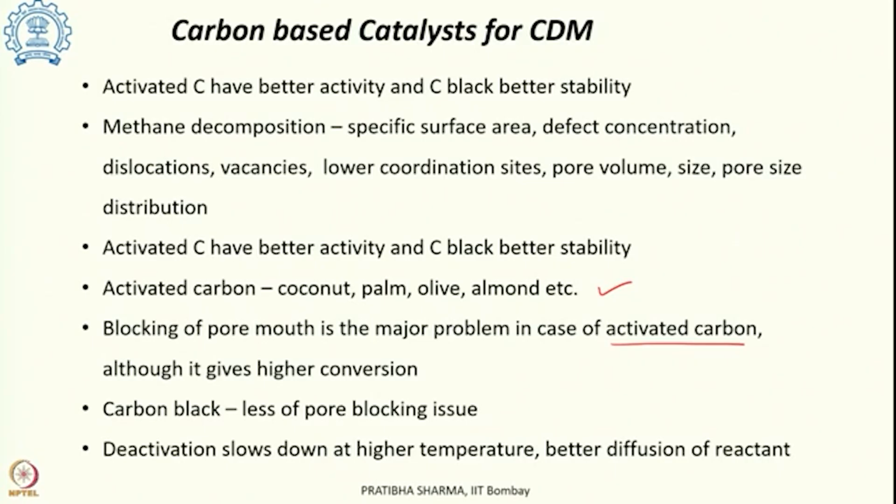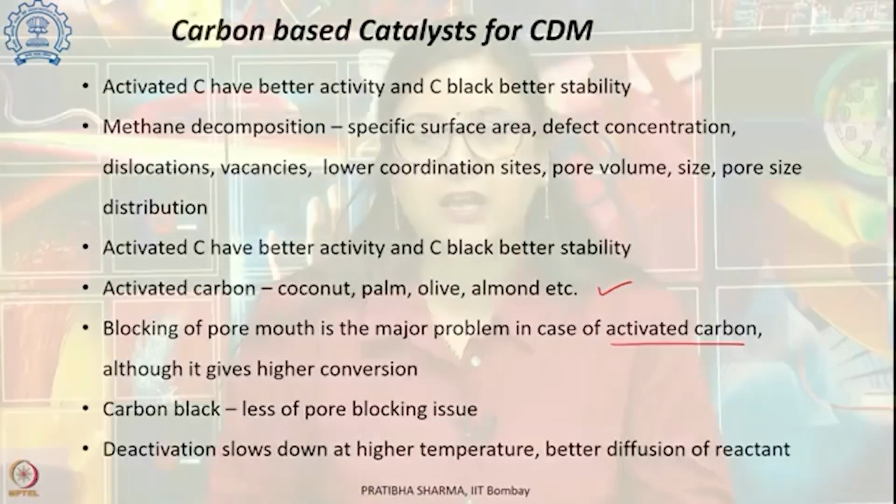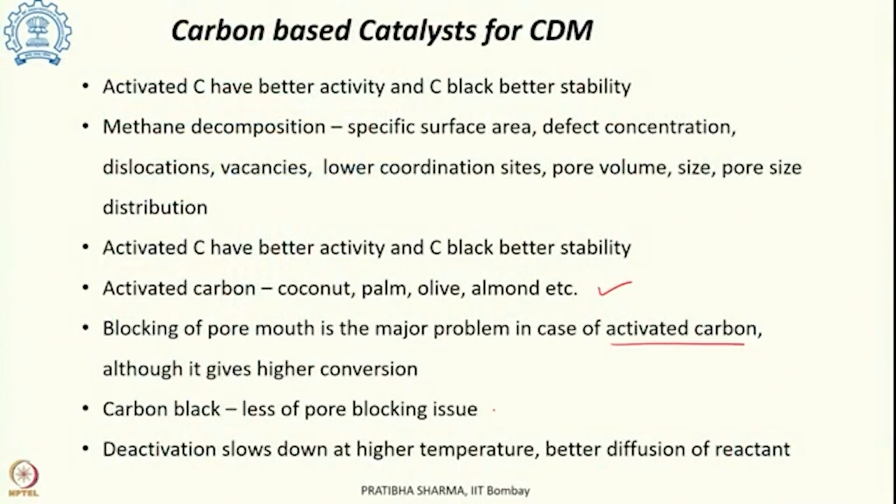Although it could have given a higher conversion, because of this problem, the achieved conversions are typically lower compared to the theoretical conversion. In the case of carbon black, this issue is relatively less, and the blocking of the pores is comparatively lower.